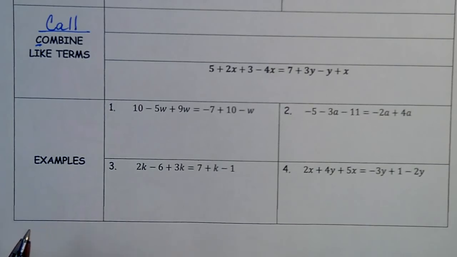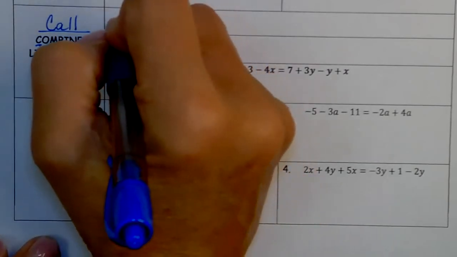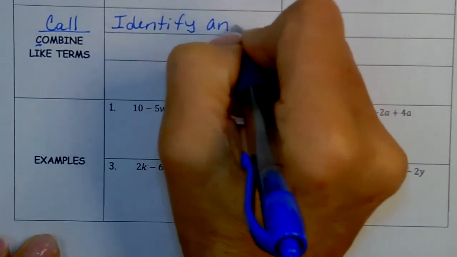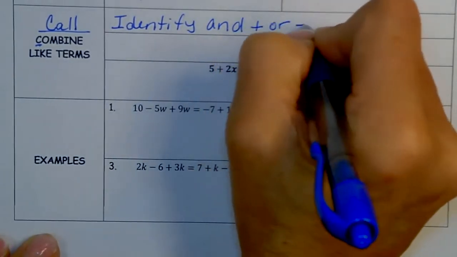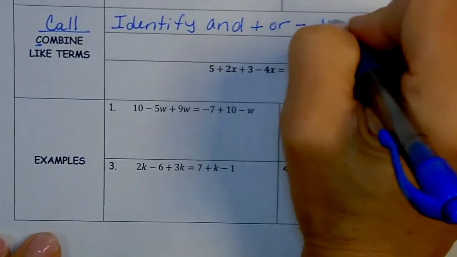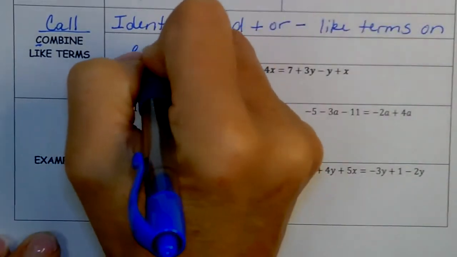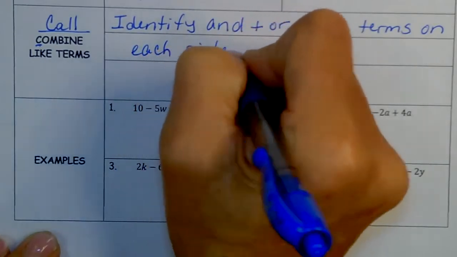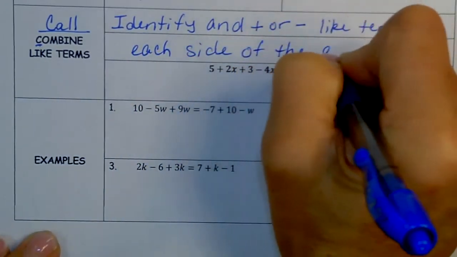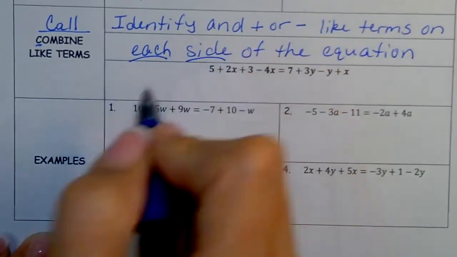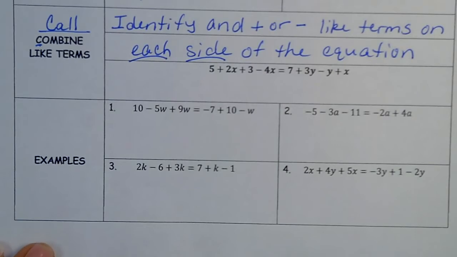So to combine like terms, you need to identify and add or subtract like terms on each side of the equation. Each side. You do one side and then the other.